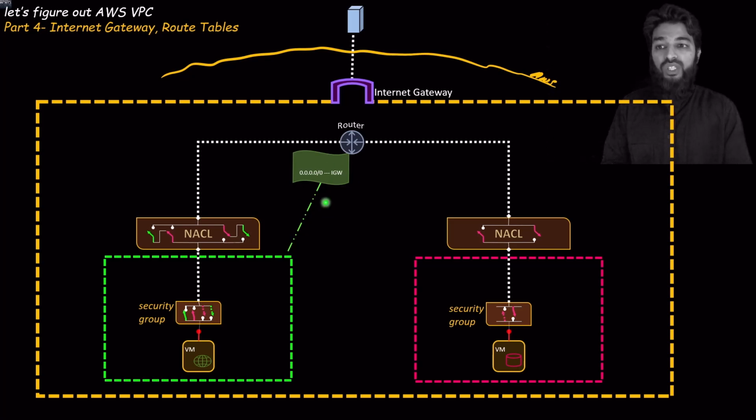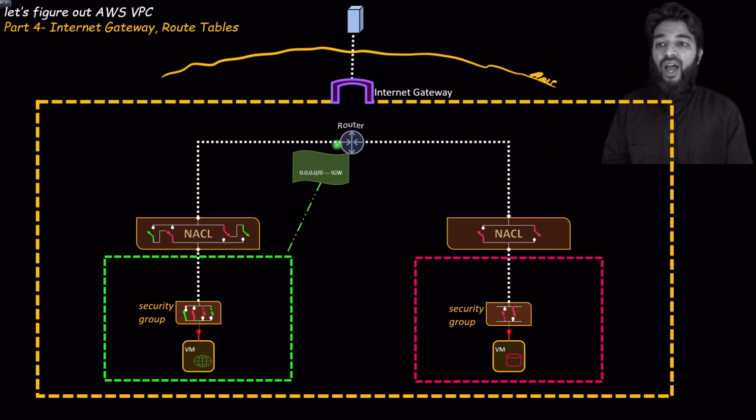You need to associate that set of instructions to your subnet so that the router knows that if the request comes from this particular subnet, I need to apply these instructions.